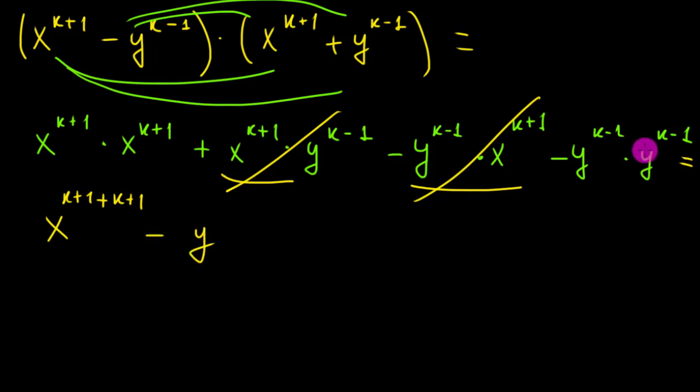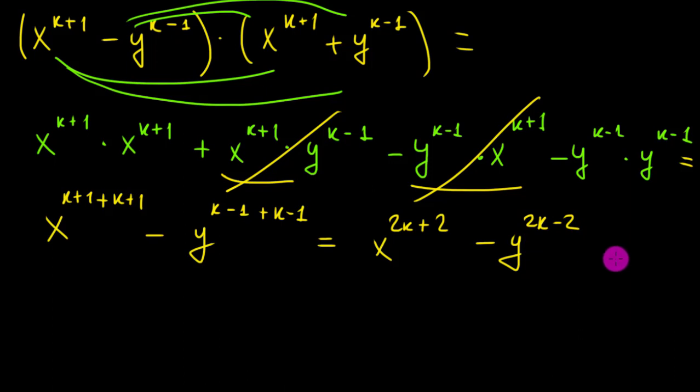So here the same, k minus 1, sorry, k minus 1 plus k minus 1. So it means that you have x to the power of 2k plus 2 minus y to the power of 2k minus 2. So this is your answer.